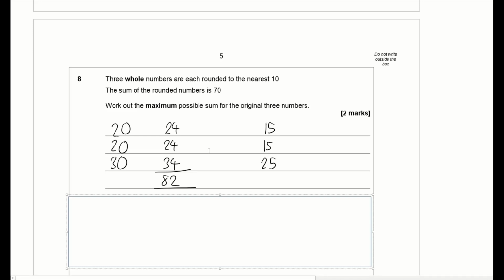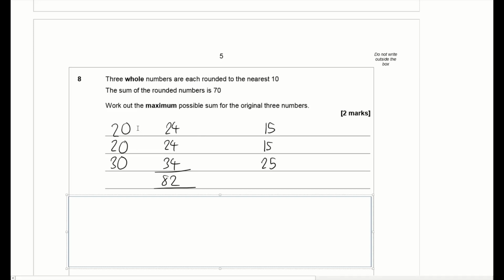Our upper limit, because they were all integers, was just 4 units larger than whatever rounded value you had, so 24, 24. Of course, being an integer, you couldn't have 24.5 or anything like that, even though technically that would still round down to 20. So you've just got to watch out for that when you're dealing with an applied use of an upper bound, which is effectively what each of these are.